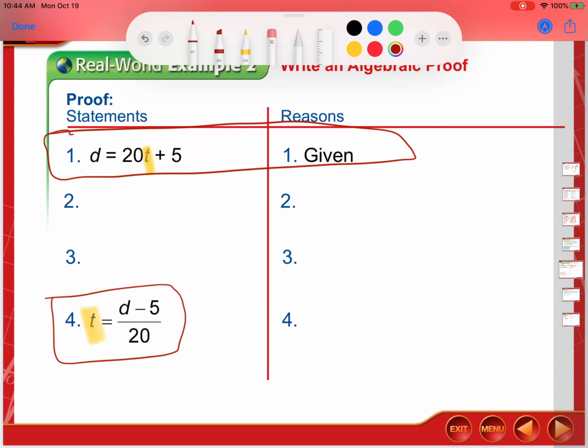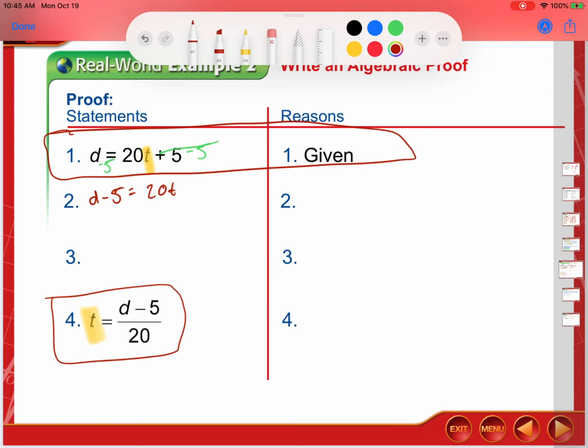So my first step in order to get t by itself is I need to get rid of this plus 5. In order to get rid of this plus 5, I need to subtract 5 from both sides. So I'm going to write down d minus 5 equals 20t. Now, what did I do there? I subtracted from both sides.